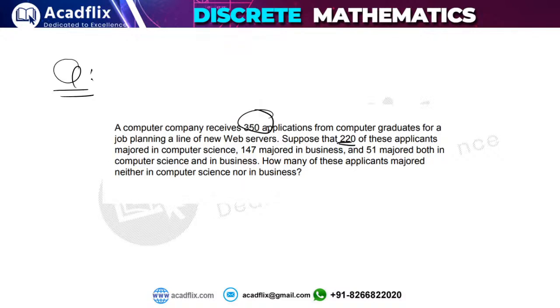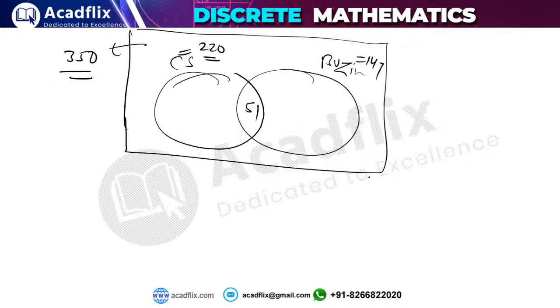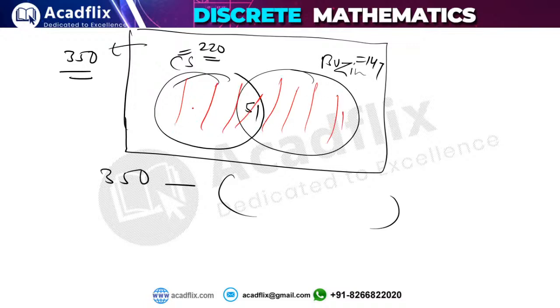Now he is asking how many of these applications majored neither in computer science nor in business. So from the total you need to subtract this red area.